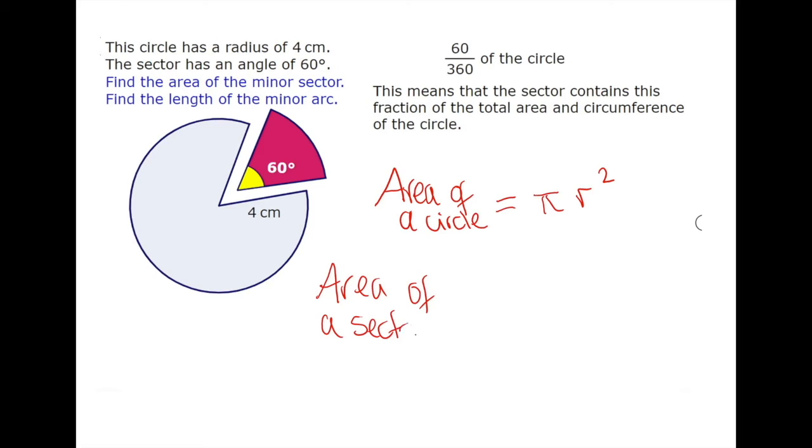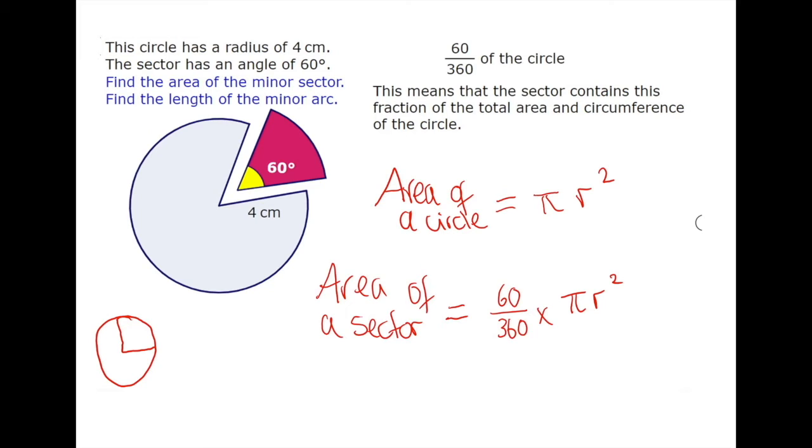Now, if, say for example, we had this circle and the sector was exactly a quarter of the circle, how could we find the area of that? Well, you could find the area of the whole circle and then just find a quarter of it. It's the same thing here. To find the area of the sector, we need to remember what the area of a circle is, and the fraction of that circle multiplied by it will give us the area of a sector.